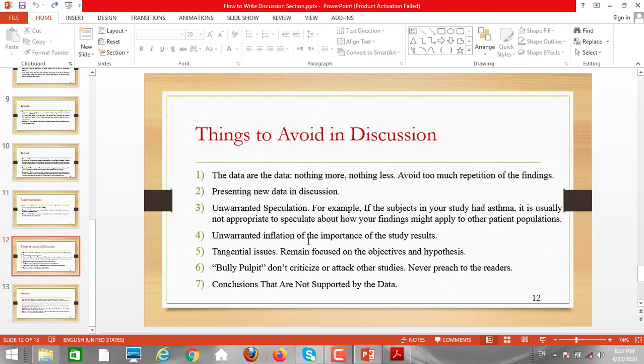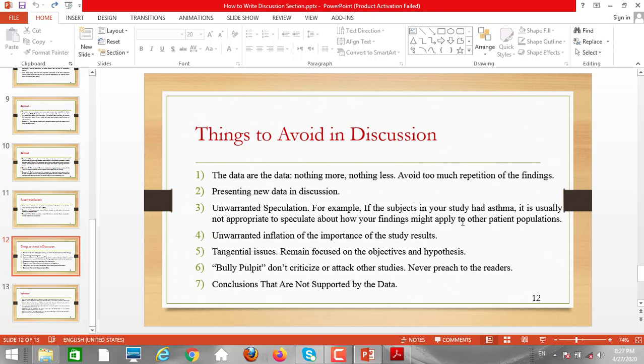In other words, there is also one example. If the subject of your study had asthma, it is usually not appropriate to speculate about how your findings might apply to other patient populations. To be more clear, let's say these days the COVID-19 issue is very hot.